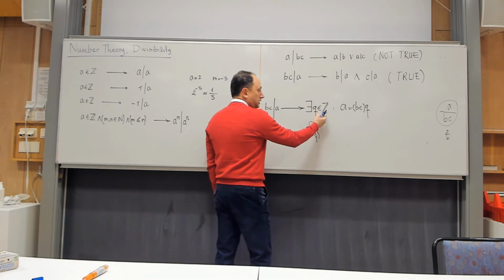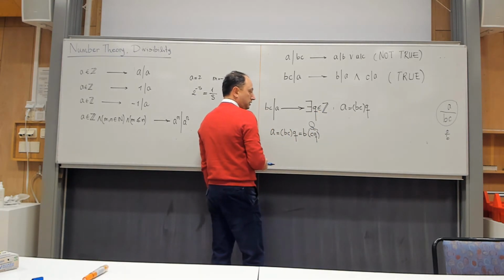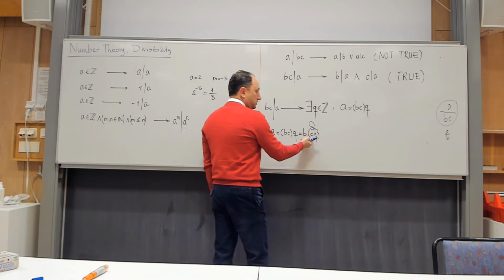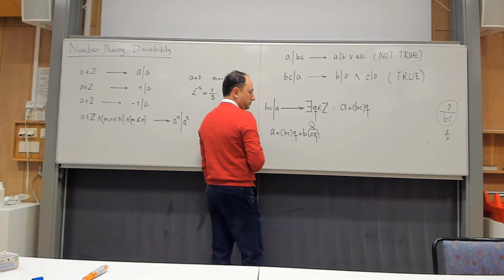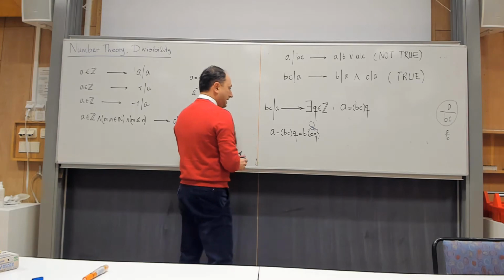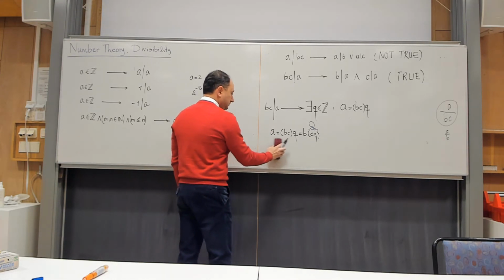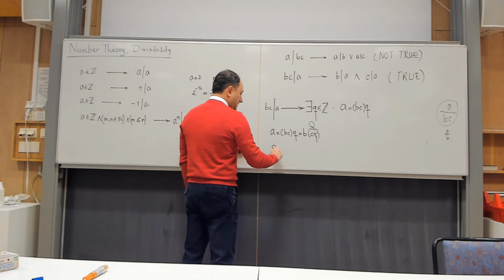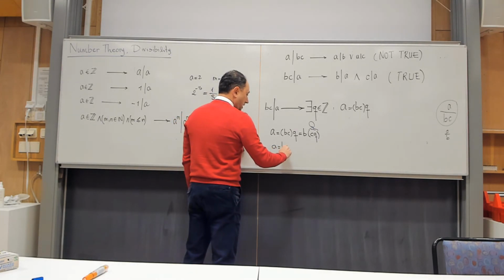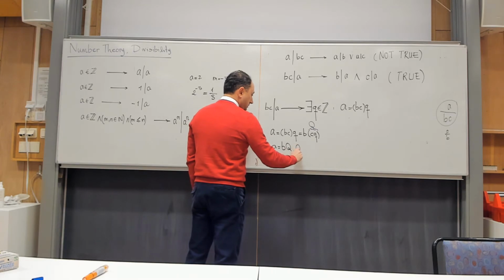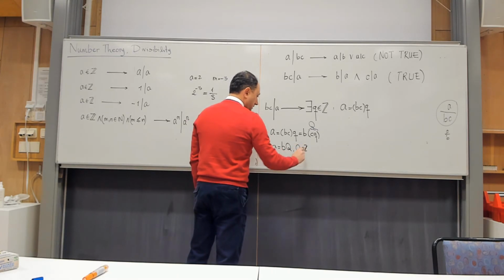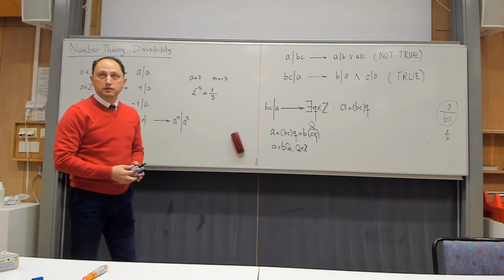Q is also an integer because of the definition, and if I multiply two integers, it becomes an integer. And now look, what is happening? It means that A is equal to B times an integer. Yes? Do you agree with this statement?